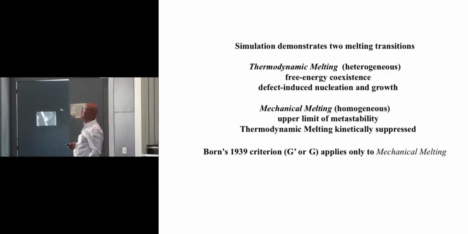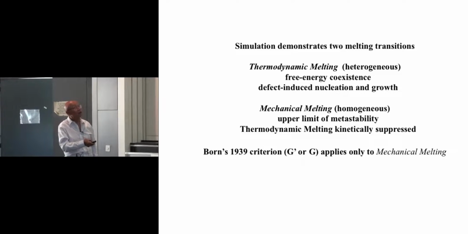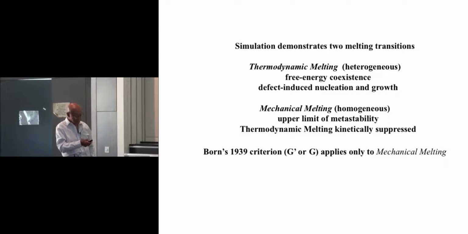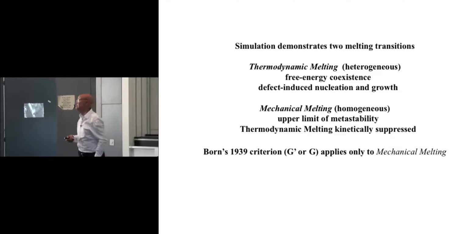Melting is really the upper limit of metastability. So the mechanical melting, the second, is actually a homogeneous process, and you can verify that just by looking at the simulation.